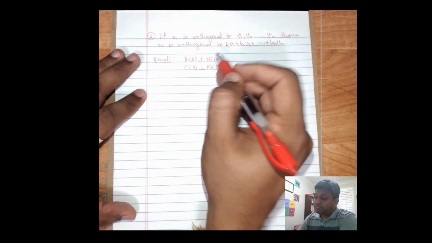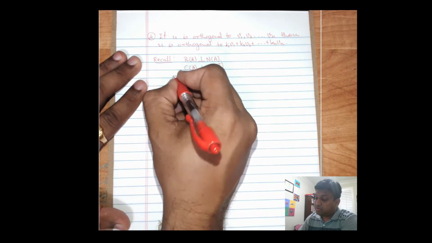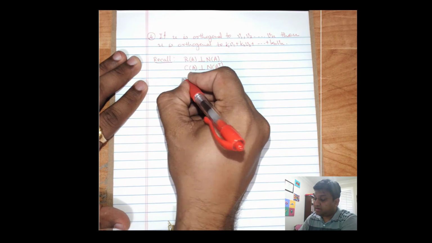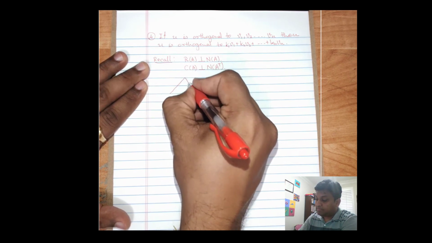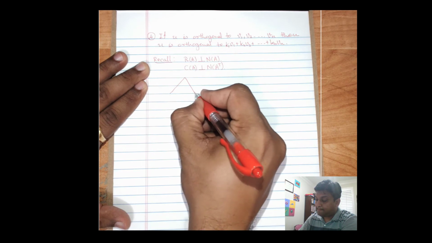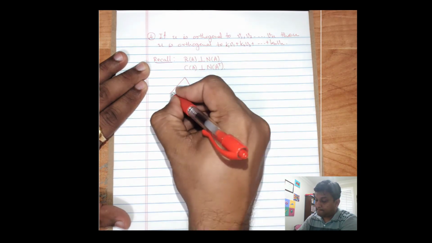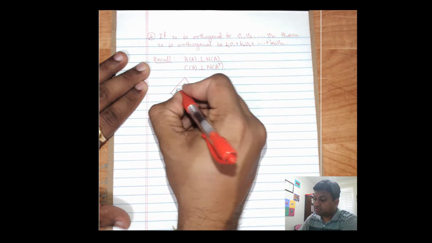As I mentioned, this is how row space and null space are connected. A row space of A, so this is the row space of A.